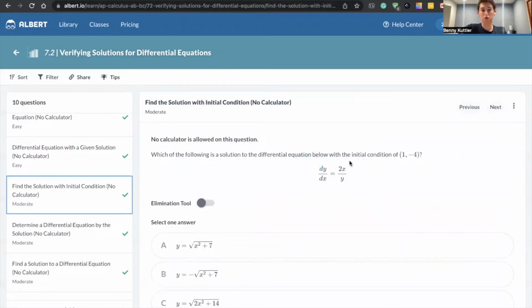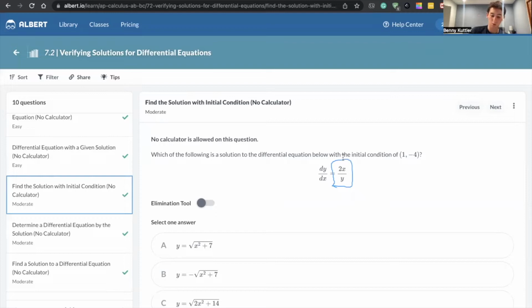So the next thing we want to do is be able to test solutions to differential equations. Like before we had dC with respect to M, now we have dy dx, which is something we're more familiar with. The rate of change of y with respect to x, which is just the slope of a tangent line on a graph. So we know that at any given point, this right here is the rate of change at any point.